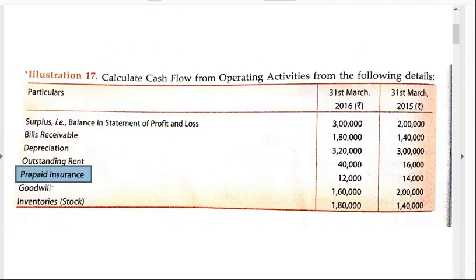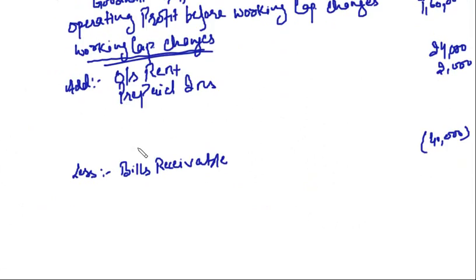Next, goodwill we have treated. Stock is again your current asset. Your current asset has increased from 1,40,000 to 1,80,000. Now what to do with that? How are you going to treat that?